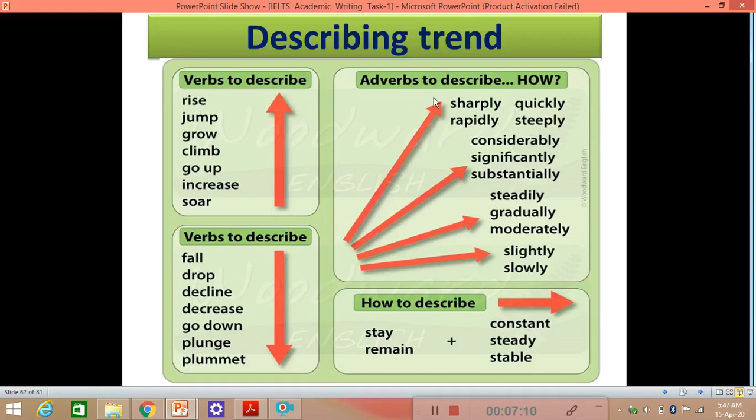Then this kind of thing: sharp, quick, rapid, steep. A bit less than that is considerable, significant, substantial, and then steady, gradual, moderate, and then slightly and slowly, and then stay constant, steady, stable, static, same, right? Those are the expressions related to the trend.